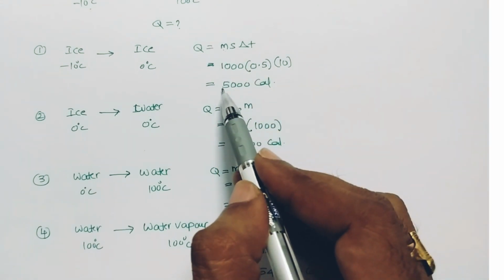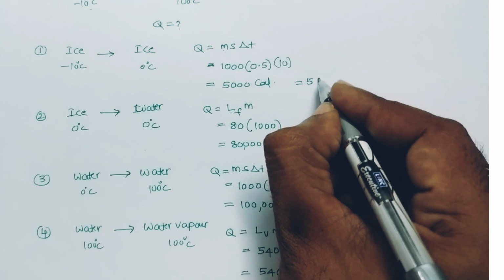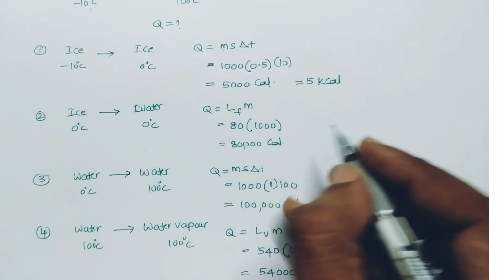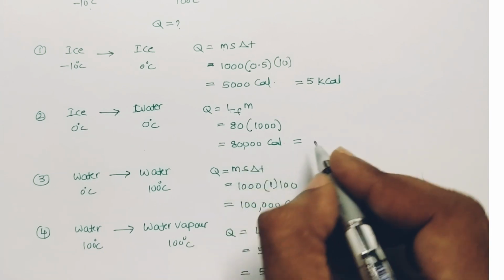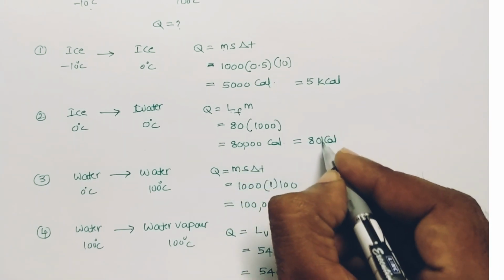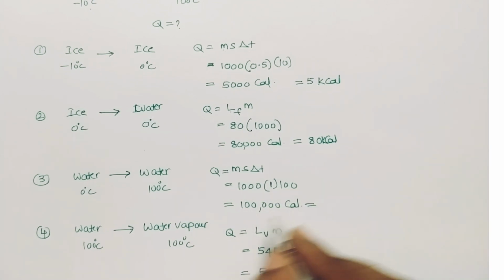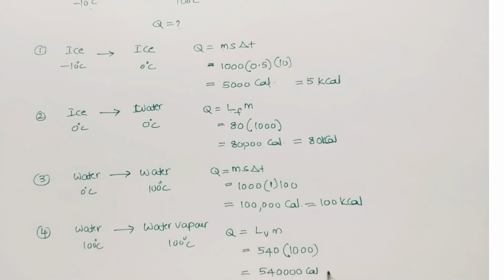So let's find out the total amount of heat in all cases. In the first case it is 5000 calories, which should be written as 5 kilocalories. This is 80,000 calories, which should be written as 80 kilocalories. The third can be written as 100 kilocalories, and this can be written as 540 kilocalories.